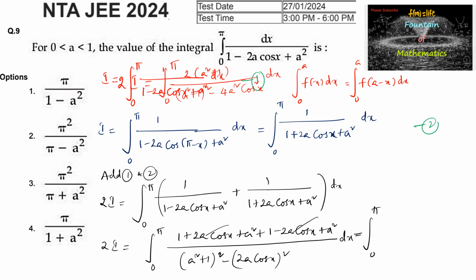So here we can cancel, and we get 2 times (a square + 1) upon (a square + 1) whole square minus 4a square cos square x dx.